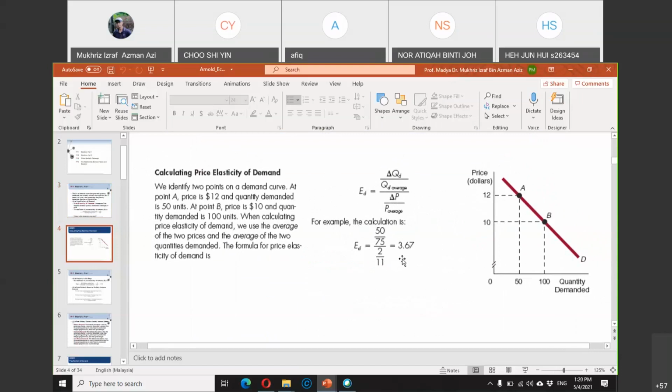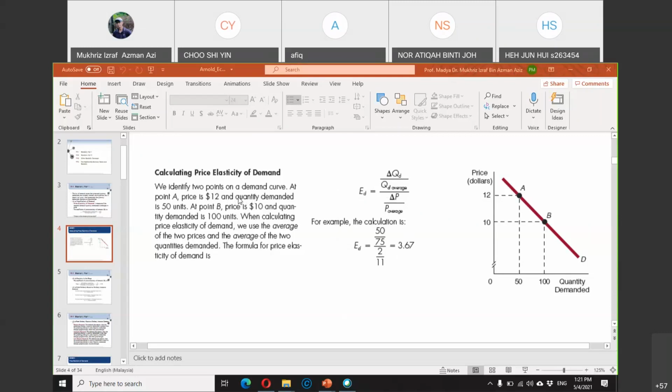Try to understand how you obtain this answer of 3.67.